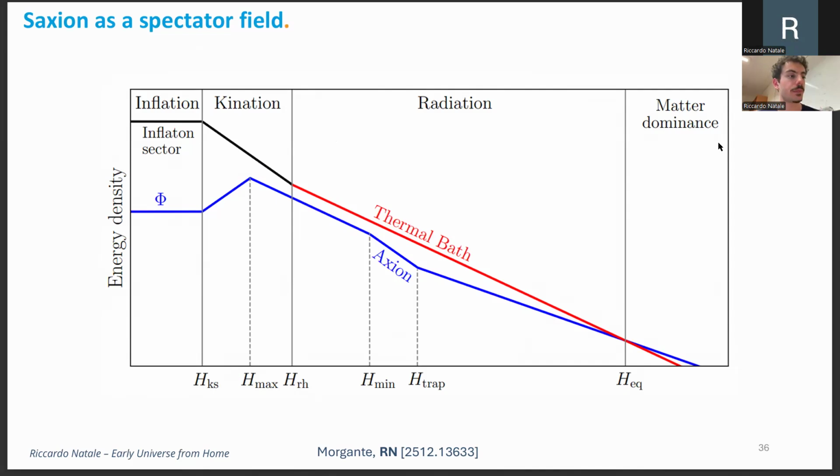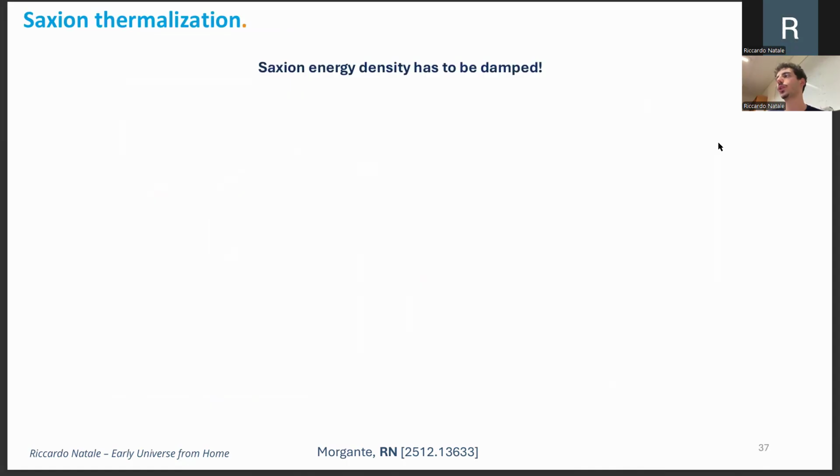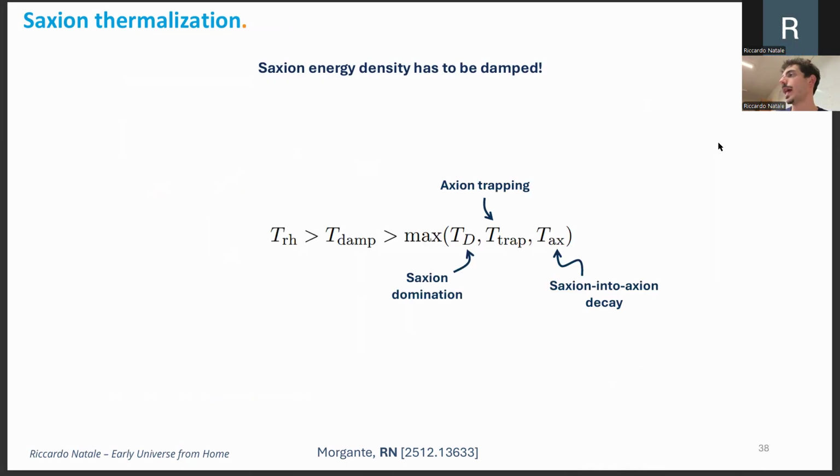And a second scenario that we consider is the one in which the axion field is now just a spectator, and it will never dominate the energy density of the universe. But in this scenario, it's crucial that the axion gets damped. This is just to avoid an overclosure problem or a late decay of the axion into axions that can spoil the prediction of BBN, or Big Bang nucleosynthesis.